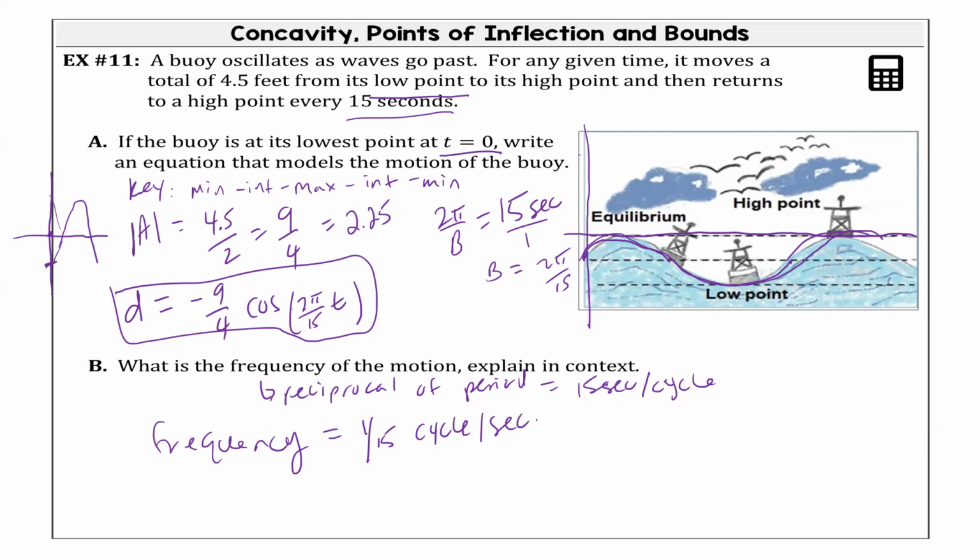Okay, so explain in context. That means it wants you to write a sentence describing what's happening.